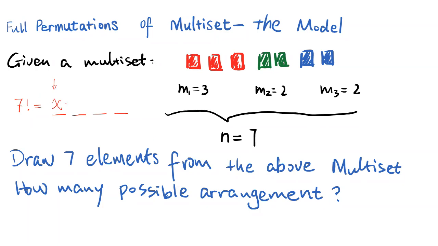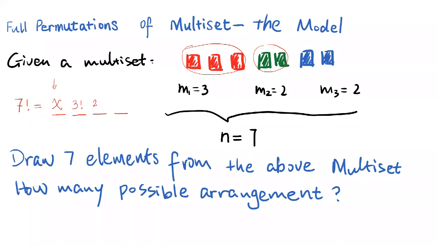After the first step, the next step is to arrange full permutations on these red blocks, right? So how many ways can we do a full permutations on these 3 elements? The number is 3 factorial, right? Next step is to arrange a full permutations on the 2 green blocks.